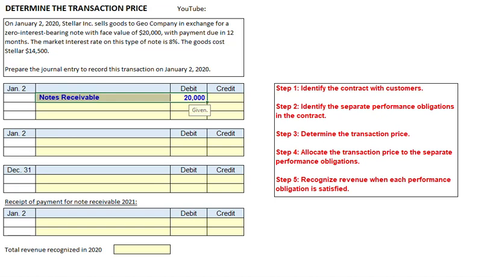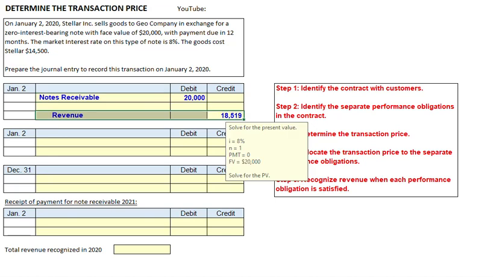So we begin by recording the face value of our note, as always. So notes receivable for $20,000. And we're going to need to calculate the present value or fair value of the goods that we delivered to the Geo Company. We do this with our present value calculations. We have a market interest rate on the note of 8%, a one-year period. We're making no payments on the note. It's a zero interest-bearing note.